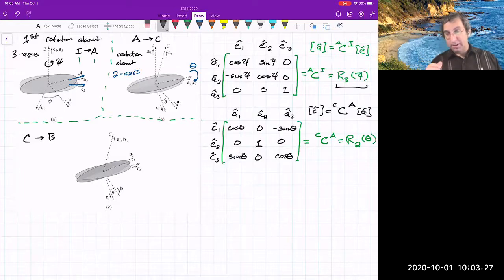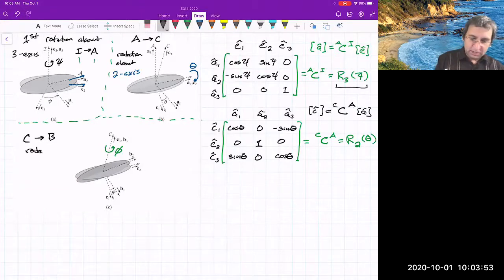It could be around the number 1 direction or the number 3 direction. We're choosing in this convention to rotate about the number 3 direction again. But you've got to note the number 3 direction is now in a different direction. We'll call this rotation angle phi.